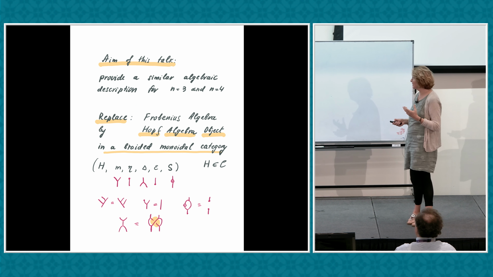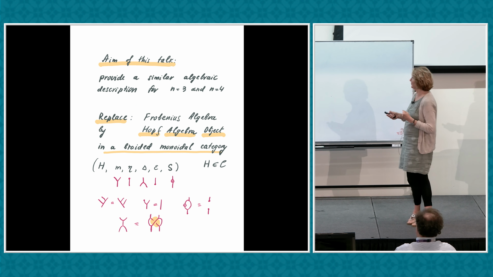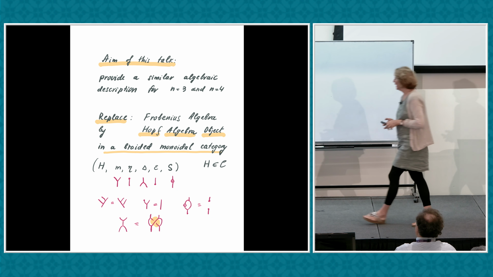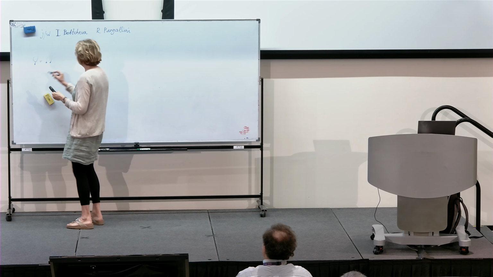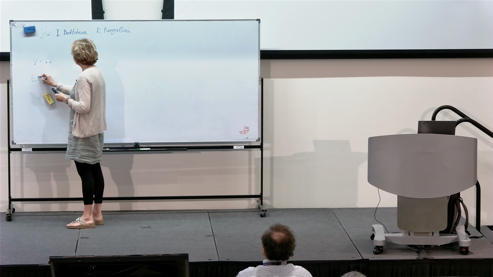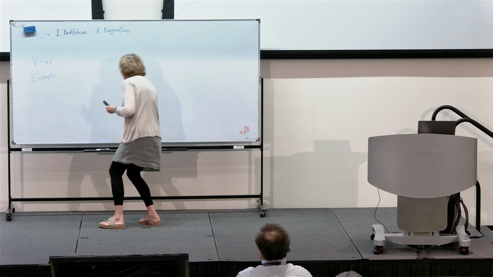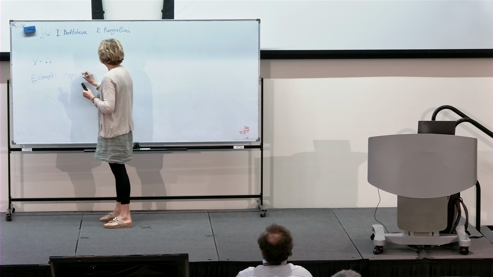And so an immediate corollary of this definition of a Hopf algebra object in a braided monoidal category is that the first example of such an object is a Hopf algebra. Can you see something? Probably not.